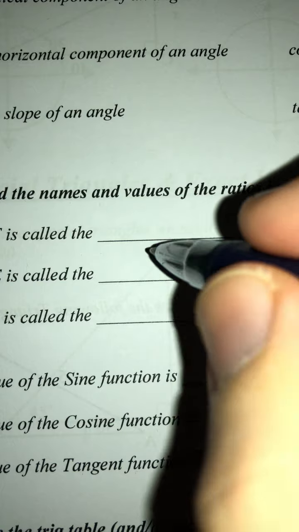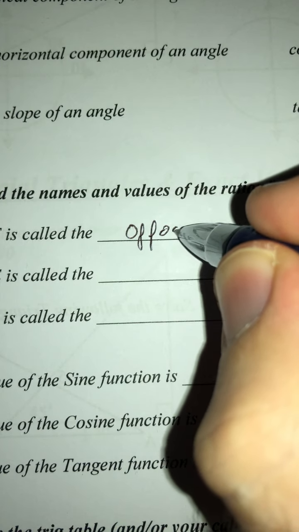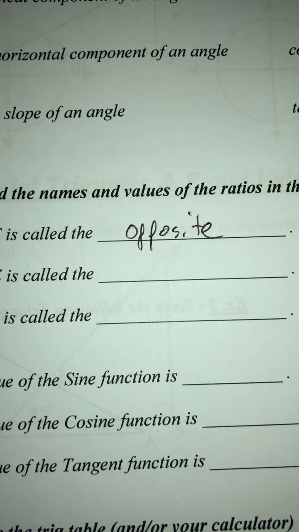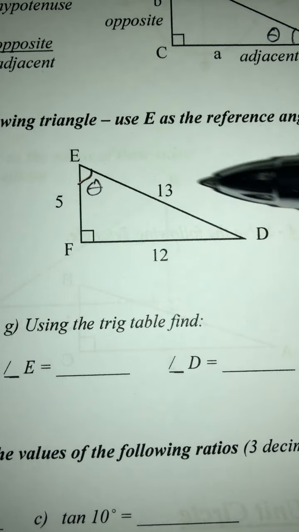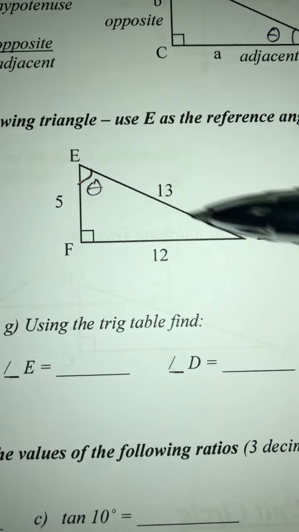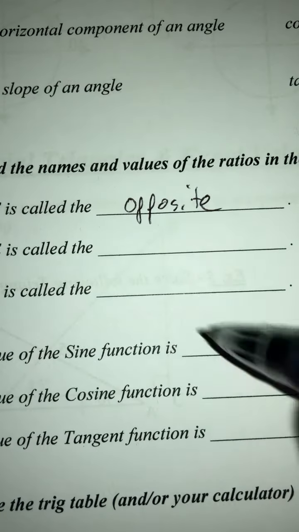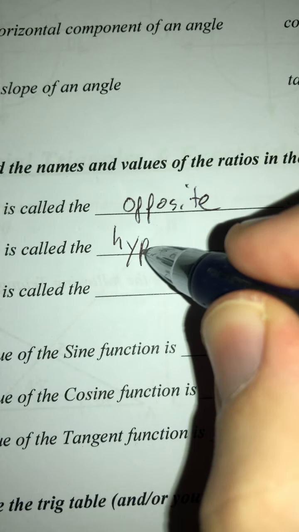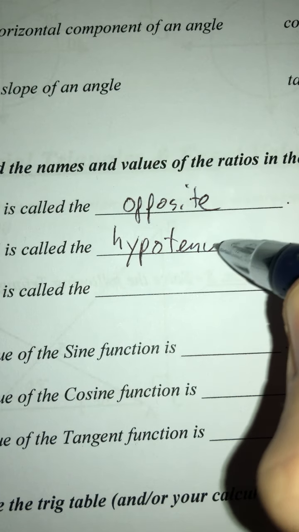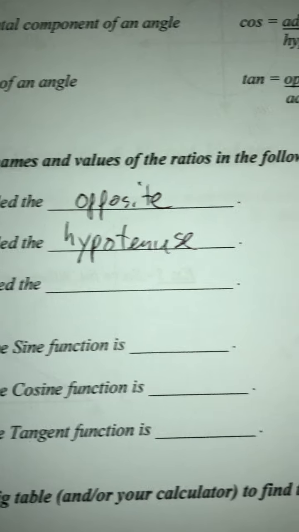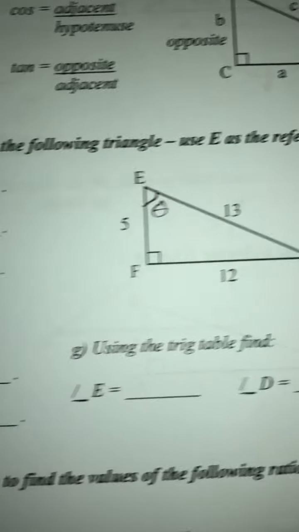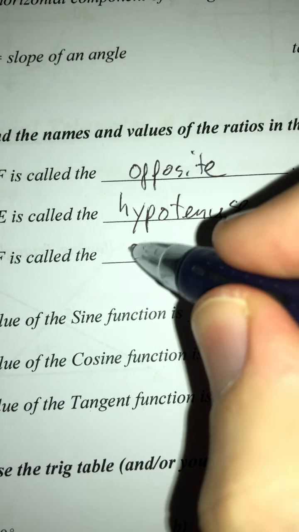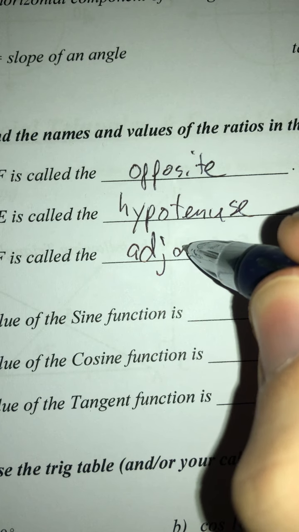So this one is the opposite. If we look at DE, so this is the long one. The long one is always going to be hypotenuse. Side EF, this one is adjacent to the angle. So this one, adjacent.